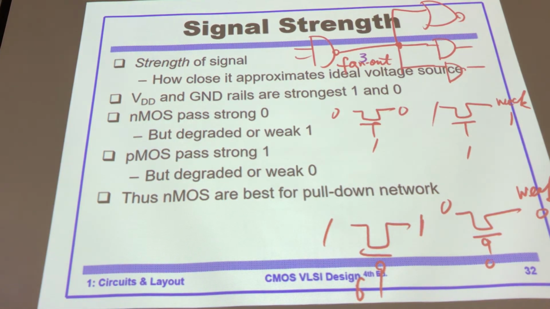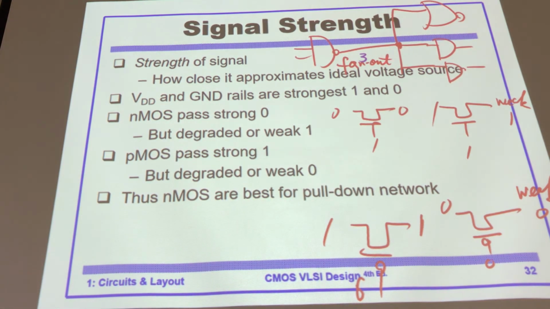Then your signal strength, meaning how many inputs the output can drive, is used to drive a few number of gate inputs.